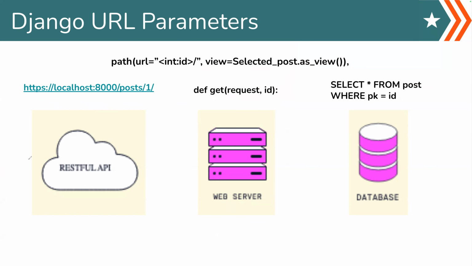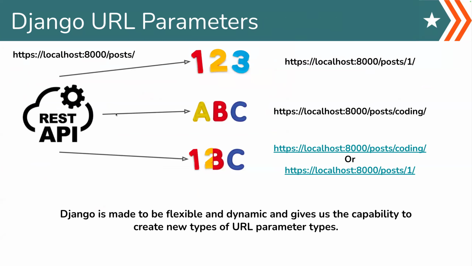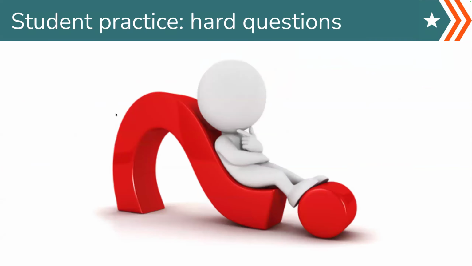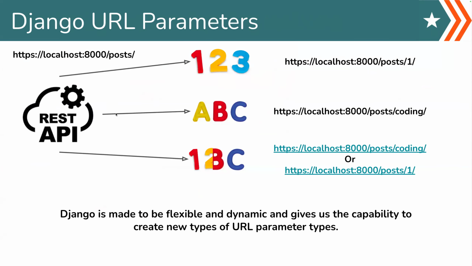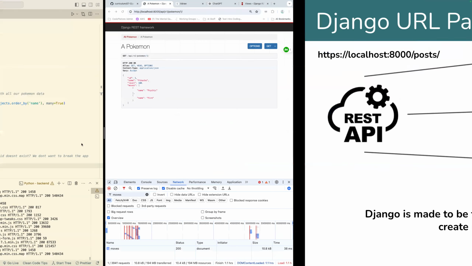But there's this scenario where maybe I want an integer ID or a string name. I want to be able to get my Pokemon by name or ID. So how can we accomplish this?